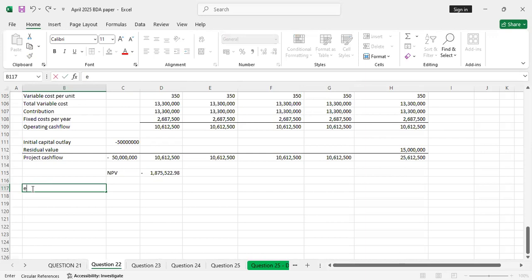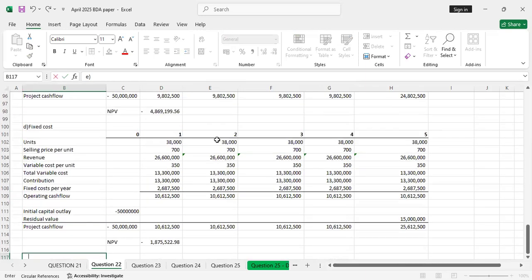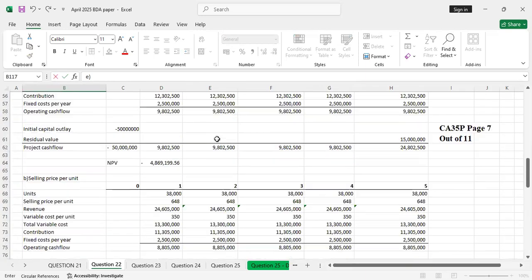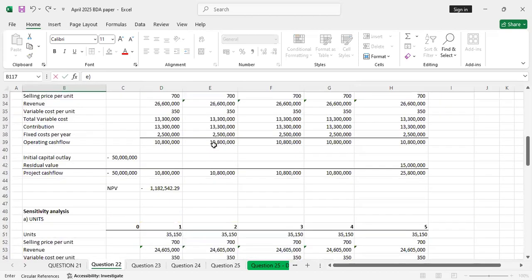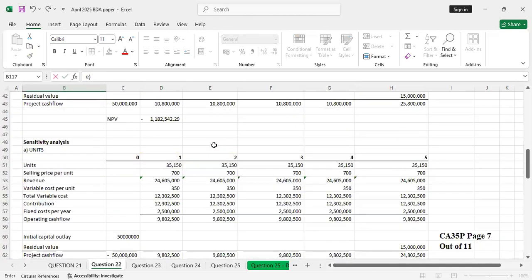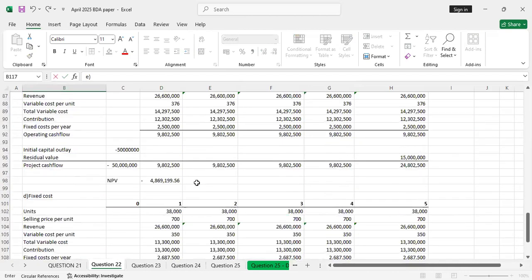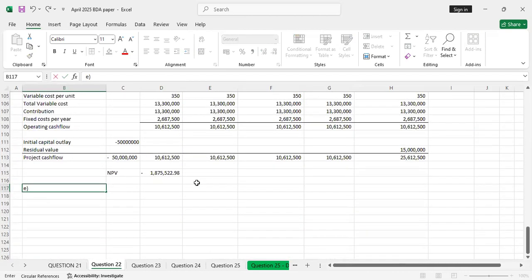You can only be accurate on doing this sensitivity when your base case NPV is correct. You can't get it correct when your NPV is not correct. That's the funny part of these questions under financial management. So we have the initial capital outlay, and we'll vary that now.